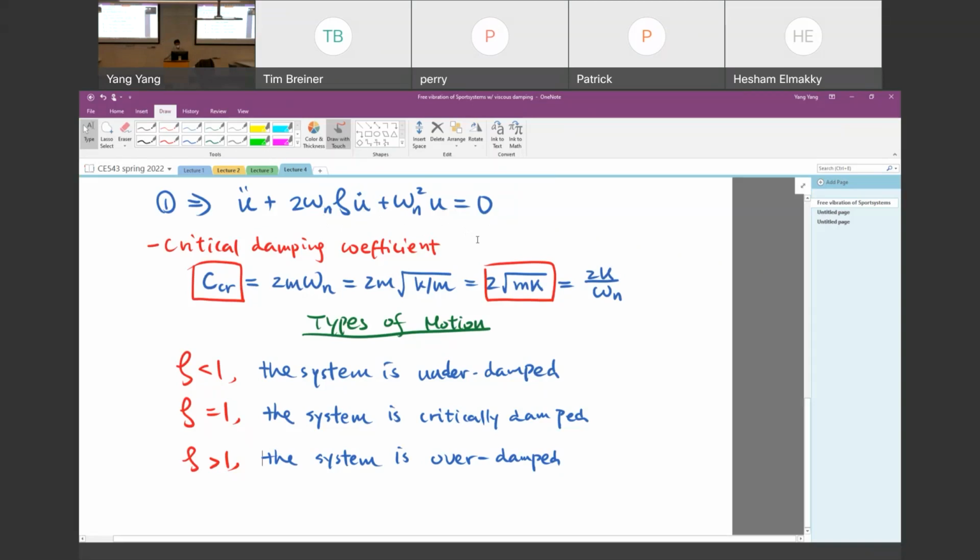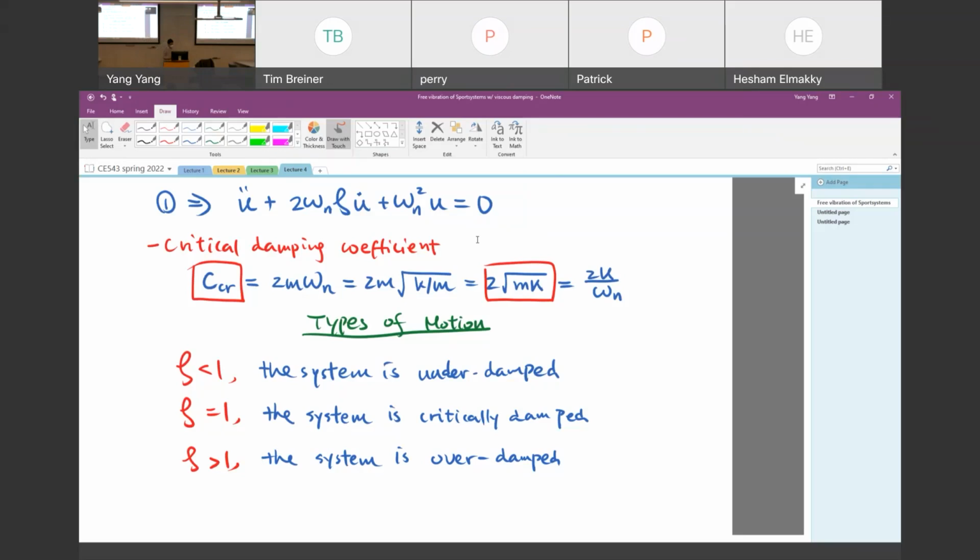I would encourage you to refer to your textbook. Your textbook includes some derivations for solving the equation of motion, or you may refer to your calculus course to see how you can solve the equation.